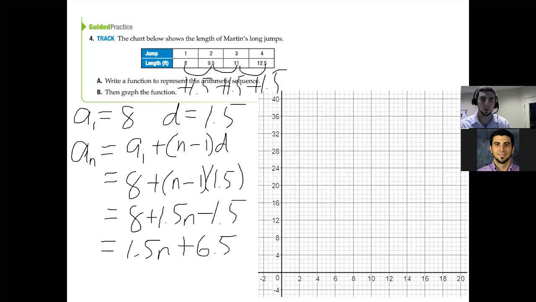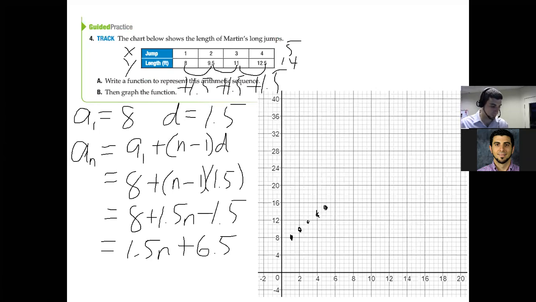Okay, so I already know this table is basically my x and y, and I could figure out a 5th one just by adding 1.5 to it, which would give me 14. So 1 goes with 8, 2 goes with 9.5, 3 goes with 11, 4 goes with 12.5, and 5 goes with 14.